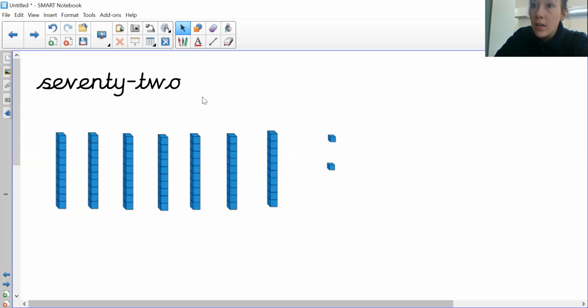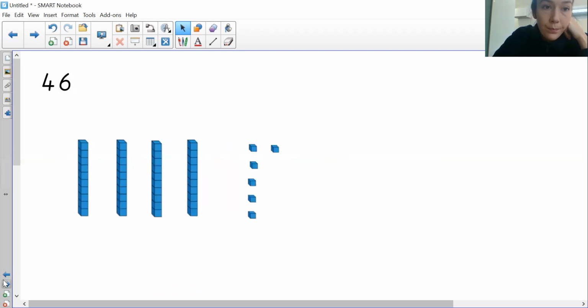Here we have the number, 3, 2, 1, shout it out. We should have got 72. So double checking that this is correct, we should have 7 10s and 2 1s. So we've got 10, 20, 30, 40, 50, 60, 70.